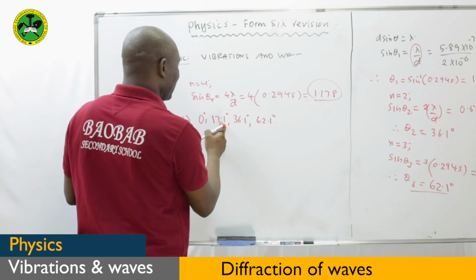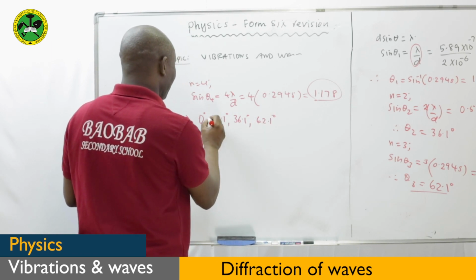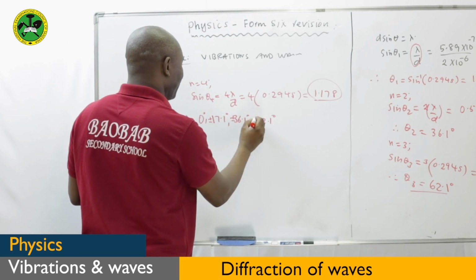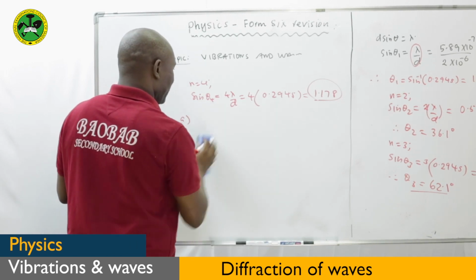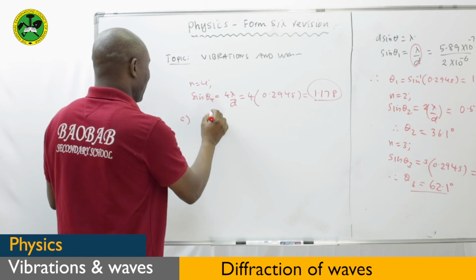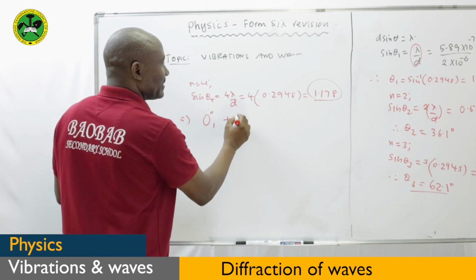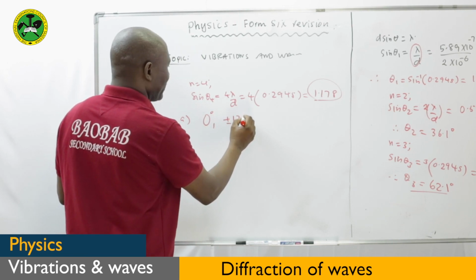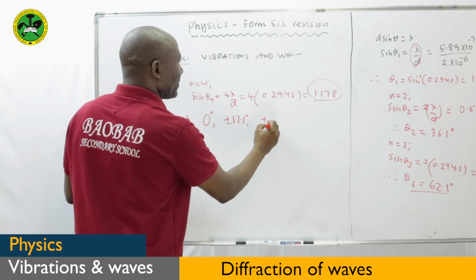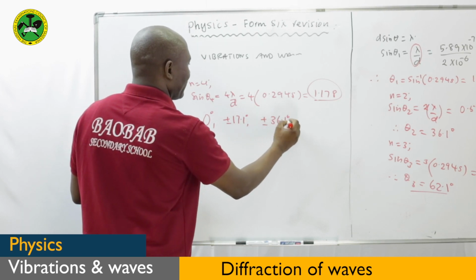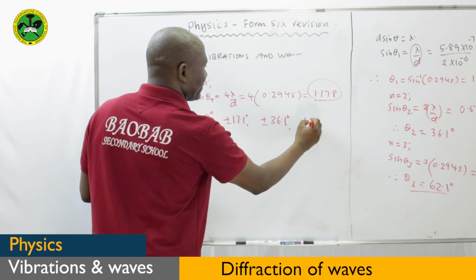So in total, we have 1, 2, 3. We normally take this as 0, plus or minus 17.1, plus or minus 36.1, plus or minus 62.1.